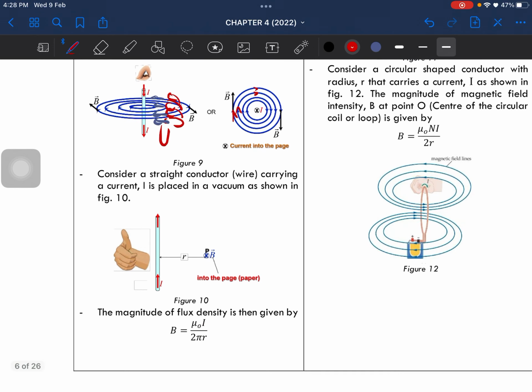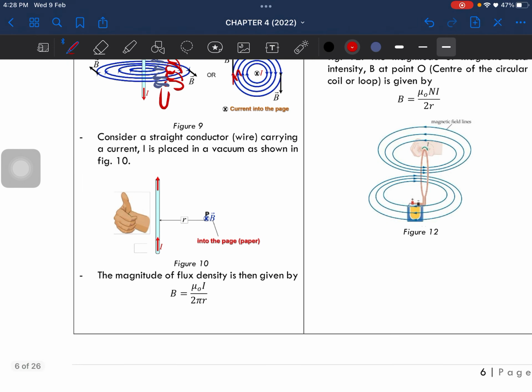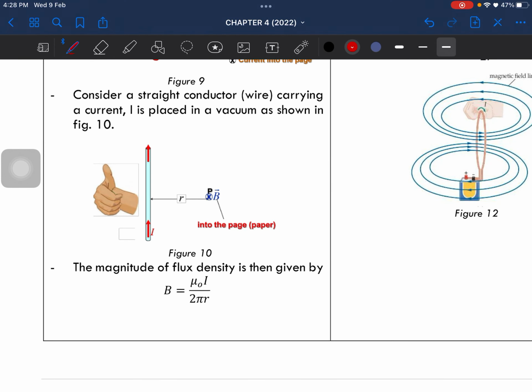Now let's look at when the conductor is placed in a vacuum. So the magnitude of the flux density can be calculated using this equation.